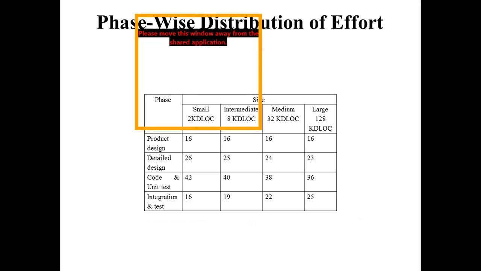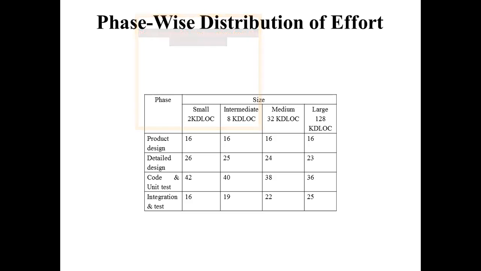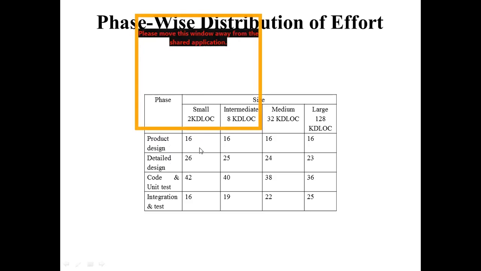If the lines of source code is less than or equal to 2 KDLOC, then we will choose the values for the product design, detailed design, code and unit test, or integration test from this column. So first we will calculate the total KDLOC. If the total KDLOC, that is the total lines of source or lines of code, is less than or equal to 8 KDLOC, then we will choose this column.